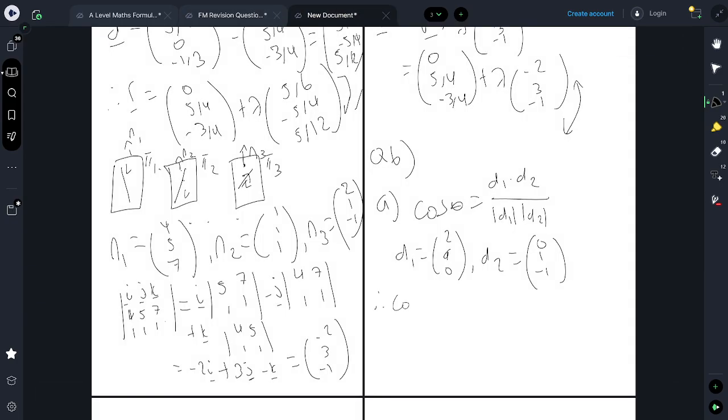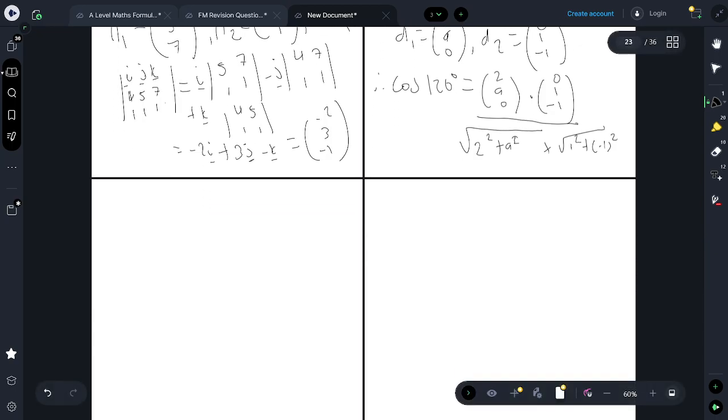We're given the angle is 120, so cos 120 is going to be (2, a, 0) dot (0, 1, -1), over the modulus. That's the square root of the sum of the squares of the components, right? So that's the square root of 2 squared plus a squared, times the square root of 1 squared plus (-1) squared.